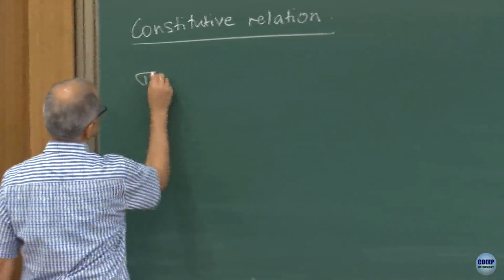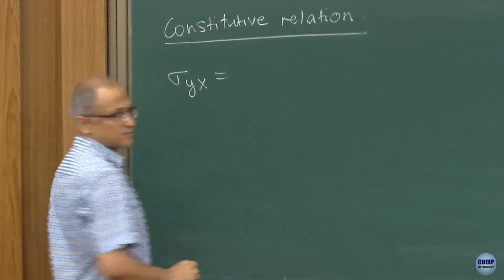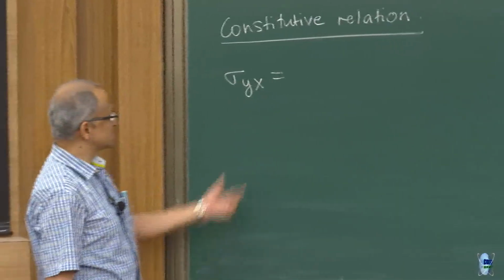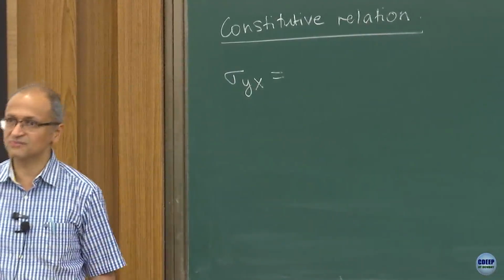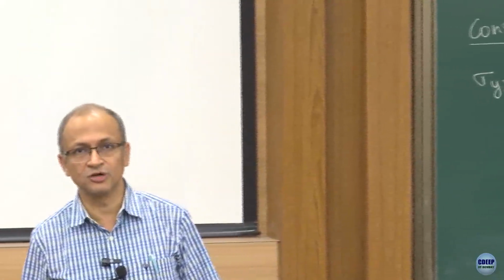So let us write out for sigma yx. How is this going to get related? This is a stress. We can go back to solid mechanics, where we talk about stress and strain. Here we are going to talk about stress and strain rate. There we say that they are directly related to each other. Here we are going to say the same thing.